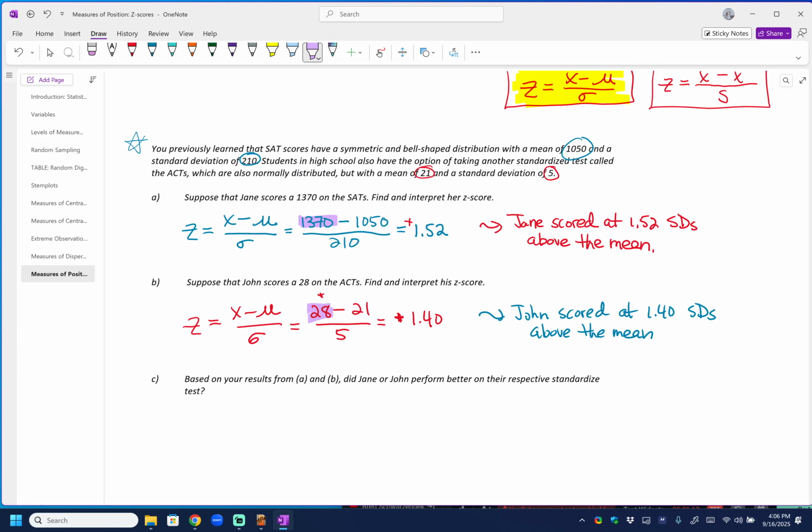That is basically the important part: Jane is essentially scoring better than John on the respective tests. This is what the focus of a z-score is. That's why we use it. It's a great way to measure position in a data set, specifically one that is symmetric and bell-shaped.